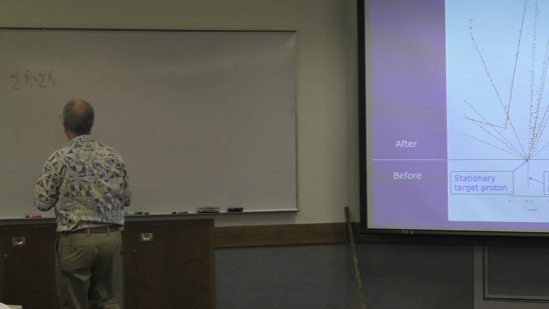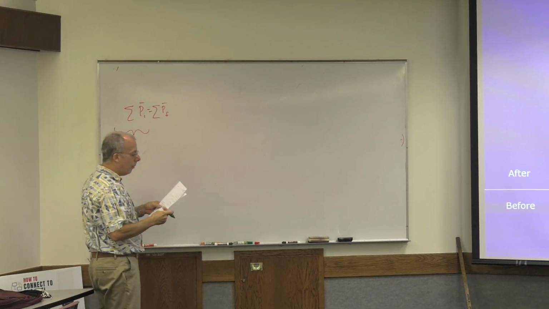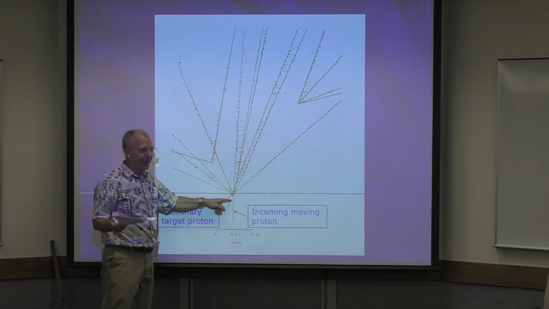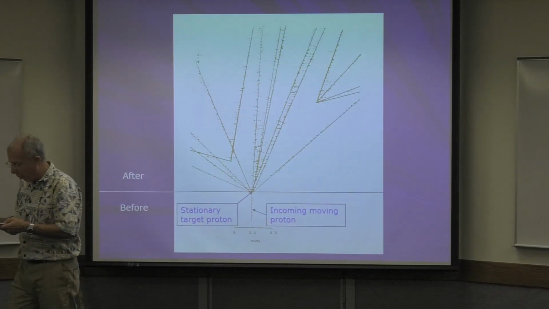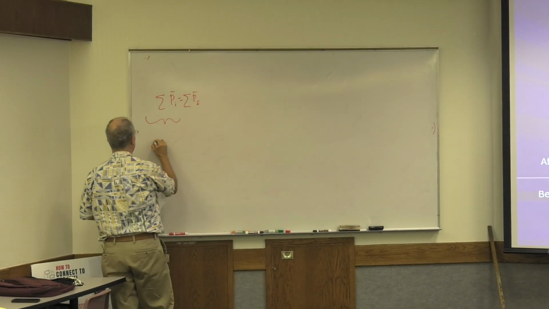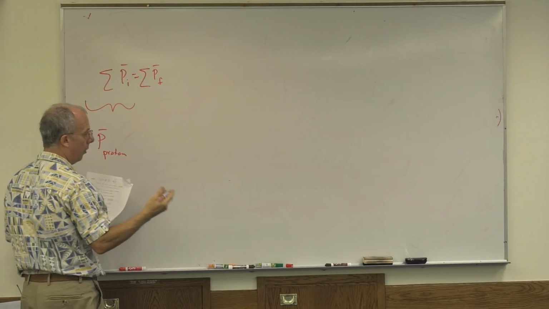So let's do the initial. What's the initial momentum? Well, the stationary target is stationary, so the velocity is 0, so there's no momentum there. So the initial momentum is just the momentum of the proton, this guy.